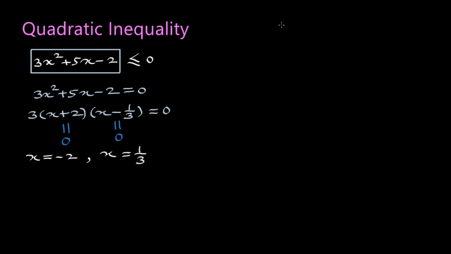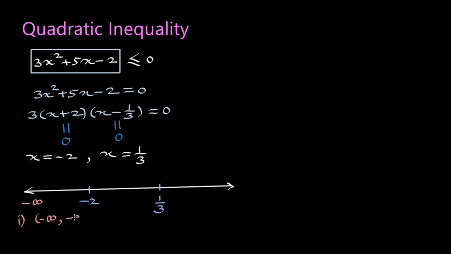Now to find the solution, first we will draw a number line and plot the critical points on it. Say minus 2 here, 1 upon 3 here. We will consider three subintervals. First, from minus infinity to minus 2, we will consider a point x equals minus 3 and substitute in equation 1.